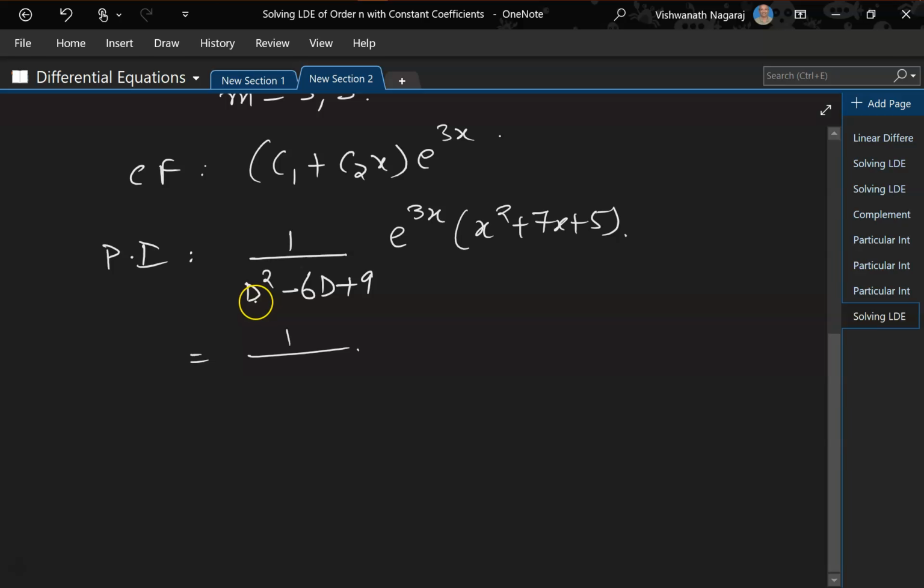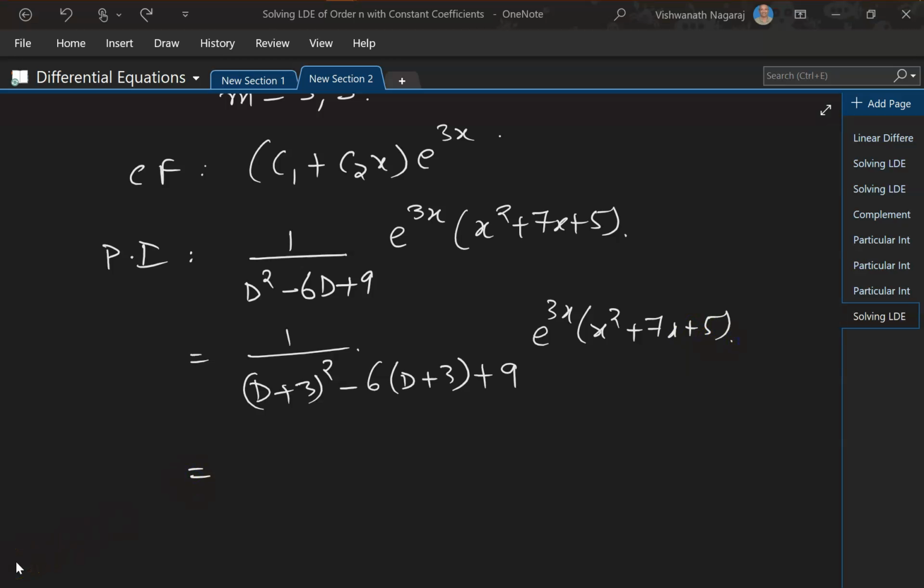So let's do something else. Let's substitute D with D + m, that is D + 3. So then what happens? 1/((D + 3)² − 6(D + 3) + 9) e^(3x)(x² + 7x + 5).